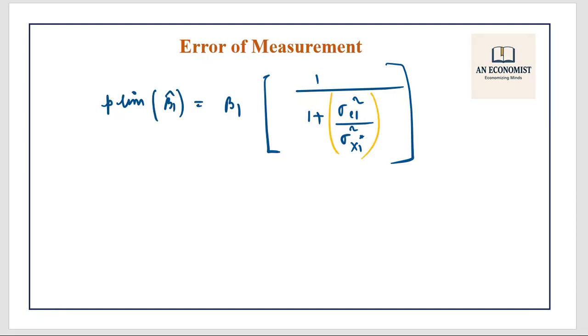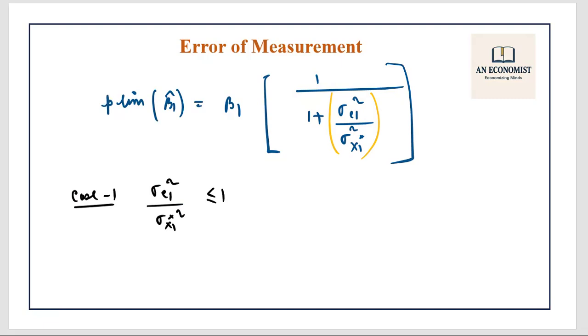Now, depending on this ratio, you can get two different cases. Suppose the first case, when sigma E1 square upon sigma x1 star square is strictly less than or equal to 1, which is more realistic because in the numerator you have the variance of the measurement error, and in the denominator you have the variance of the unobserved explanatory variable.